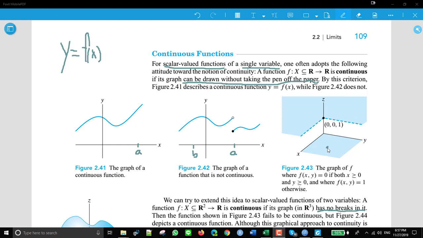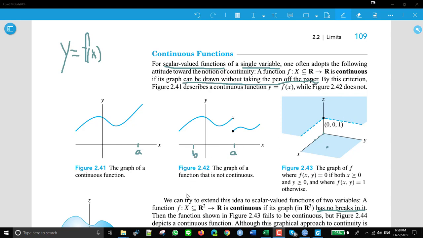Yes, at that point it's continuous, because in this area you can draw without taking the pen off. It's not really clear what we mean by drawing because it's not just a line. But anyway, this point we would say is probably continuous, just like at this point B, we would say that this function is continuous. But like here, at this point, or this point, there's a jump. So we would say it's not continuous at those points, just like this function is not continuous at A.